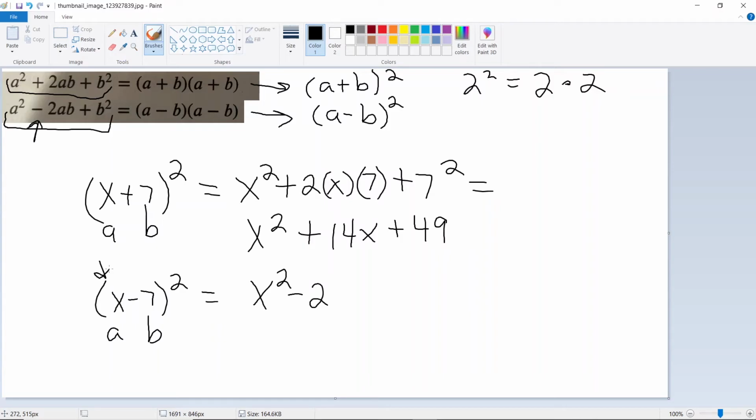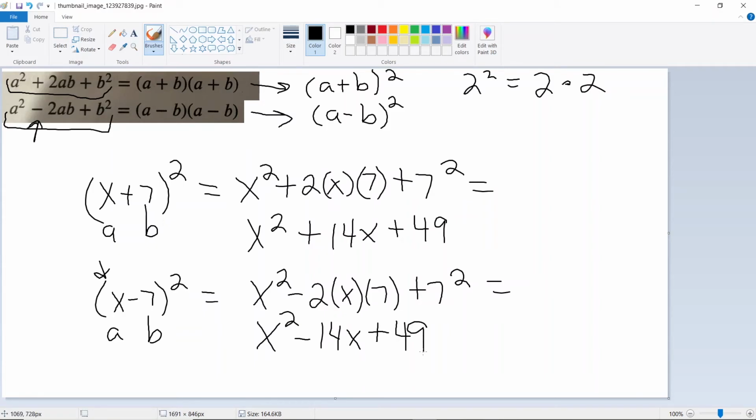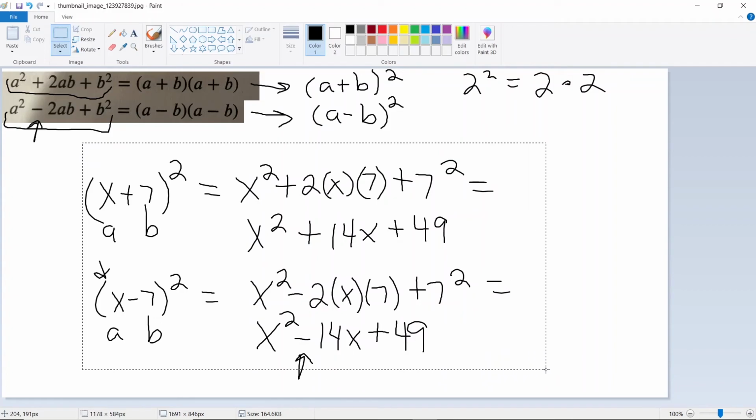That equals x squared minus 14x plus 49. If this was x plus 7 squared, that 14x would be positive. If it's x minus 7 squared, the whole thing is squared, then that middle term is negative. That's the only difference. Now, the x doesn't have to be the first term.